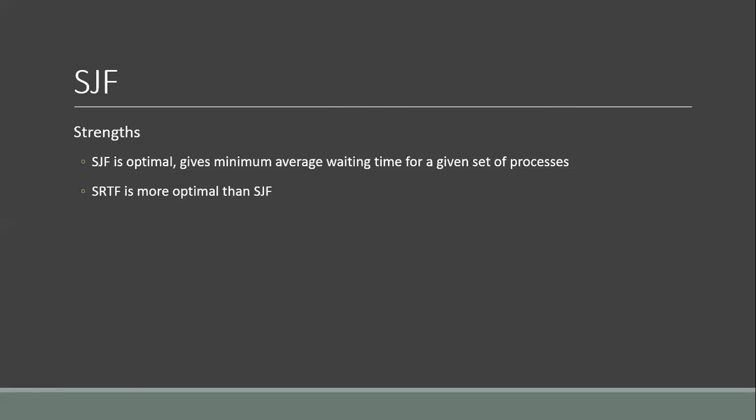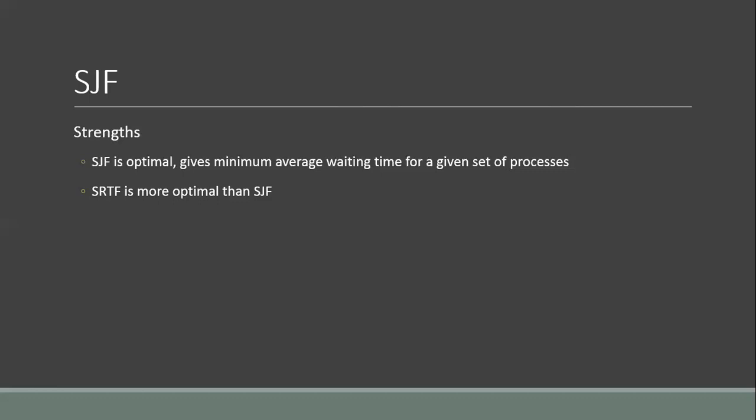SRTF is more optimal than SJF. This means the preemptive version of this algorithm is more optimal as compared to the non-preemptive version. And why is the preemptive version more optimal? Because whenever a new process arrives in the ready queue, we compare its burst length with the remaining burst length of the currently running process.